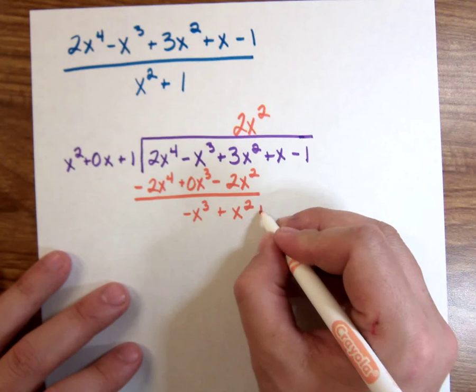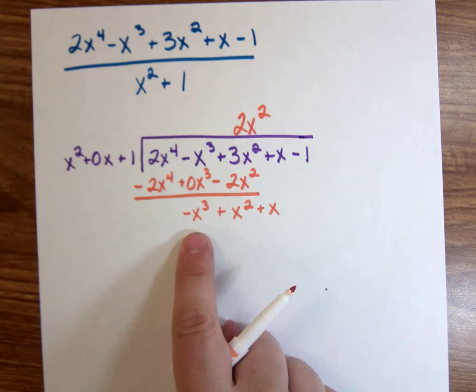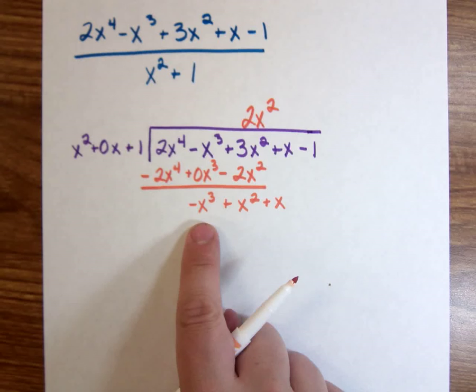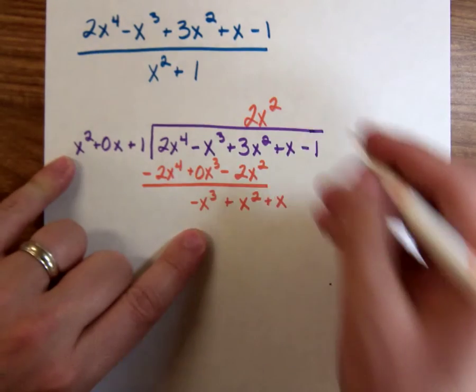Bring down the x. Okay. Now our first in line is negative x cubed. So negative x cubed divided by x squared is negative x.